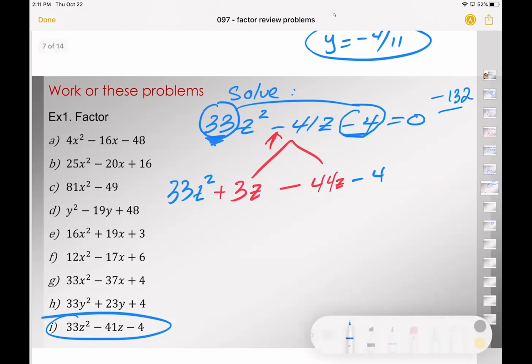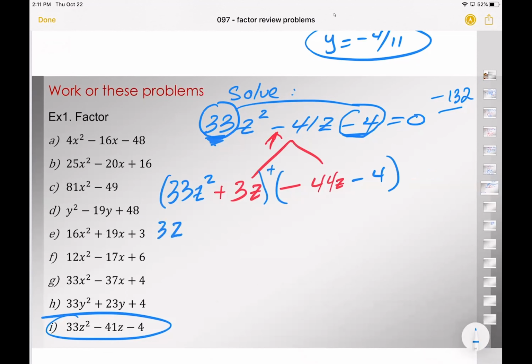And to factor this out, everybody see that we need to group them up. If I group them up, in the first group, do you agree that I can take out a 3 and a z? Because 3 going into 33 will give me 11 times, and 3 going into 3 will give me 1 time.